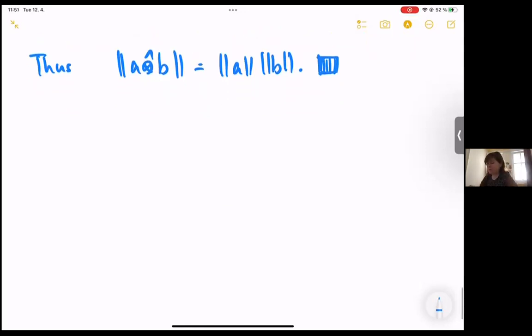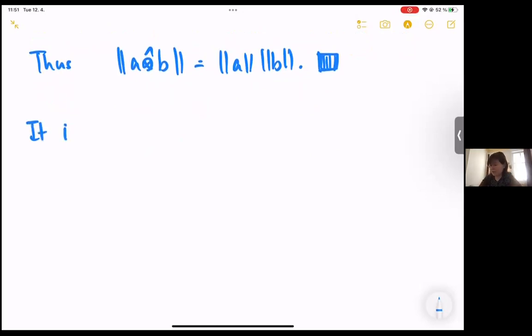Okay, so just a quick observation. You can see that we can multiply in a nice way in B(H) and B(H tensor K).